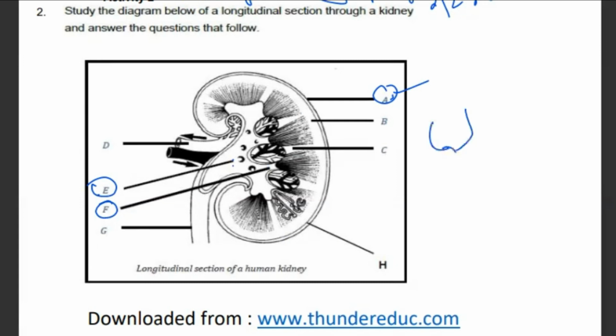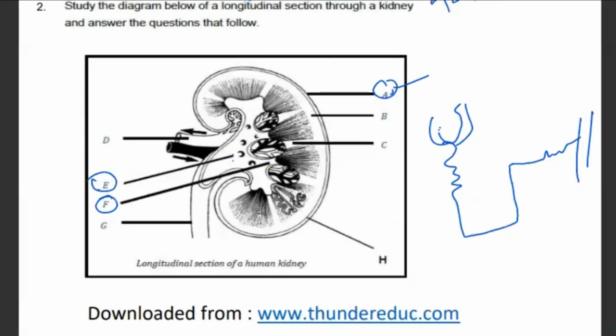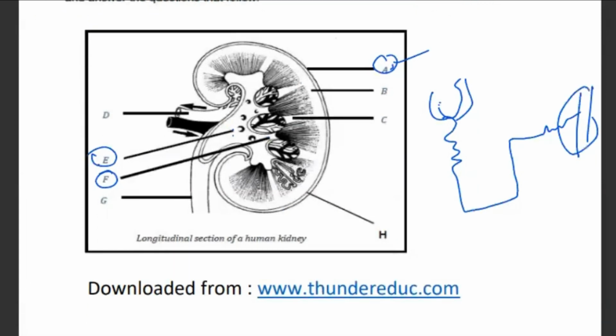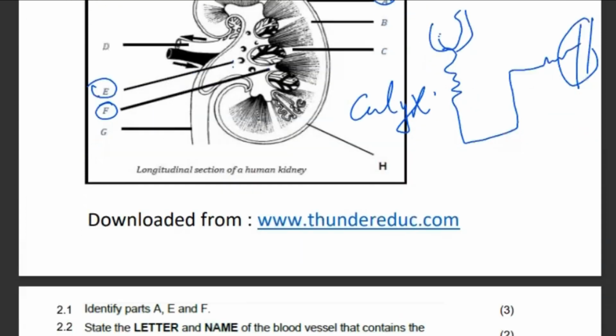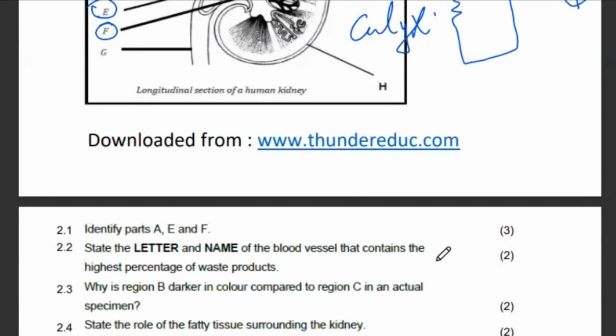If you look at the nephron, this dark part, and then the collecting duct, that's where you find it here. So how do we call that part? We call it the renal calyx. Yes, that's part F. Then state the letter and the name of the blood vessel that contains the highest percentage of wastes.